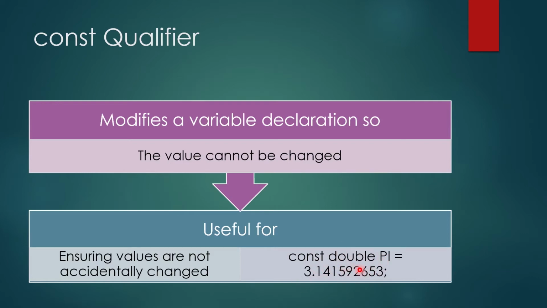You can only initialize once when you declare a type. Constants are often put in uppercase so that people realize they're constant. That's not a rule, but it's just a way that C programmers have been doing it for many, many years.